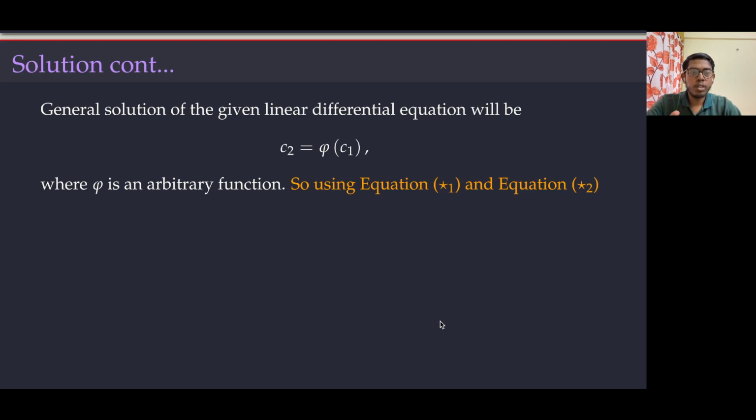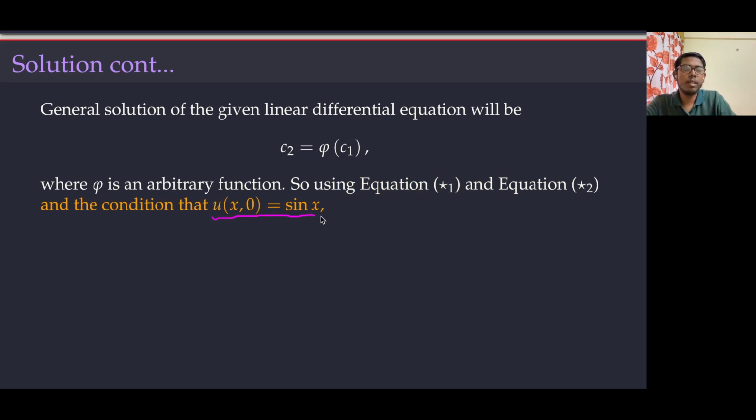Now using the two equations, c2 and c1, and using the condition that u(x,0) equals sin x: c2 was (u minus 1) e to the power y, and c1 was x e to the power y. Now I'll just put y equals 0. So u is basically u(x,y) minus 1.